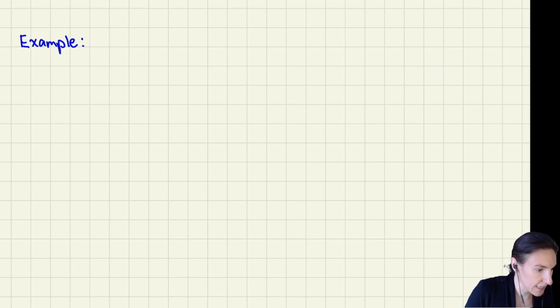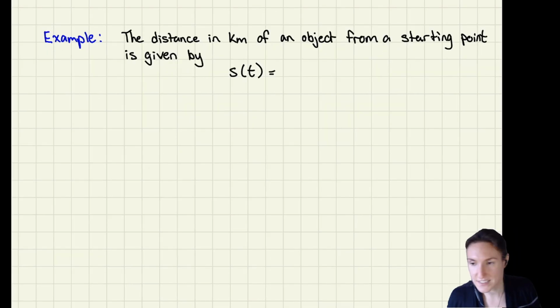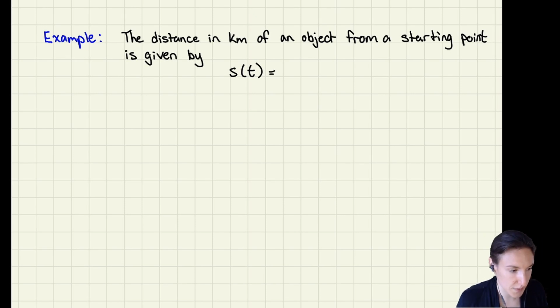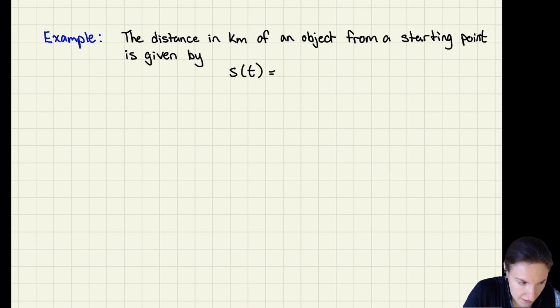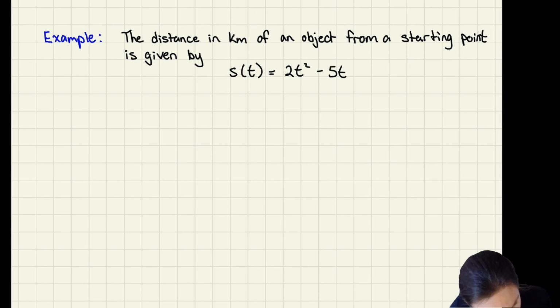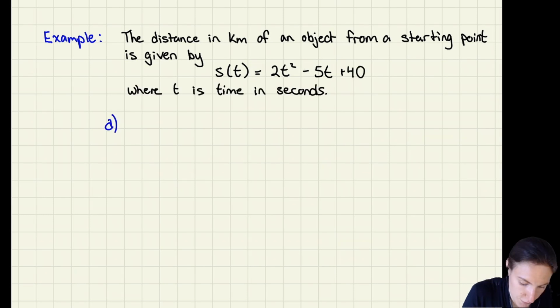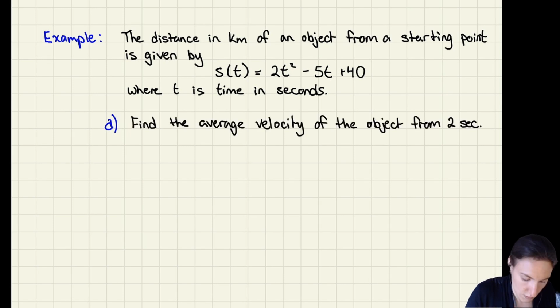All right, so let's say that we have a distance function. We're going to call it s of t. For distance, for whatever reason, they usually use s's. s of t is equal to 2t squared minus 5t plus 40. For the first part, we want to find the average velocity or average speed from 2 to 4 seconds.